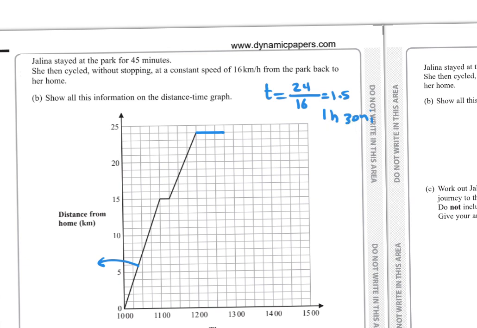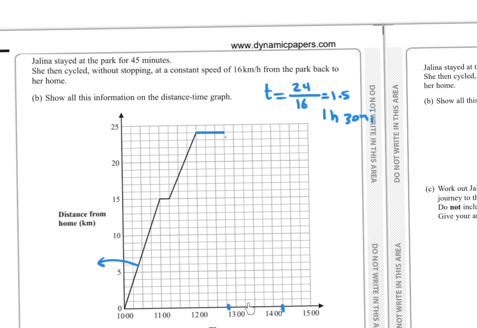So 6 small squares. Now she stayed at the park till 12:45. Now move to 12:45. Now she needs 1.5 hours to reach home. So 6 squares, to 14:15.